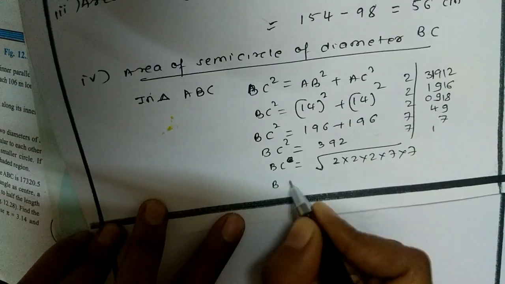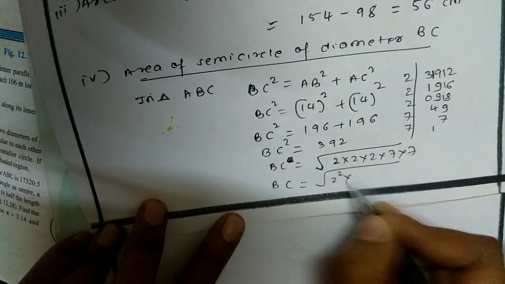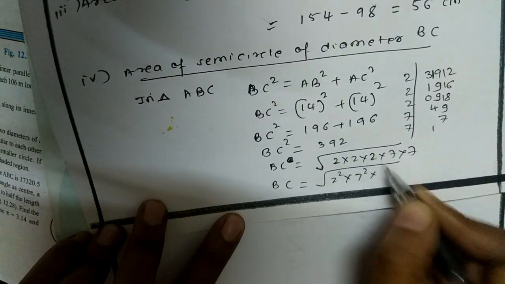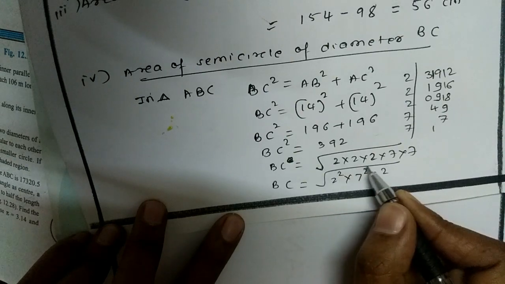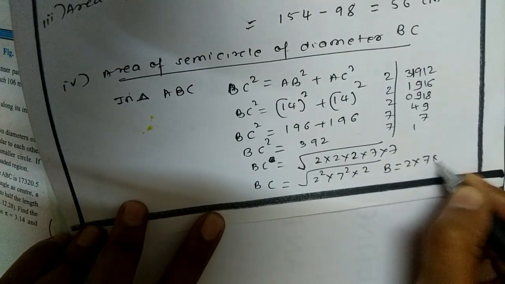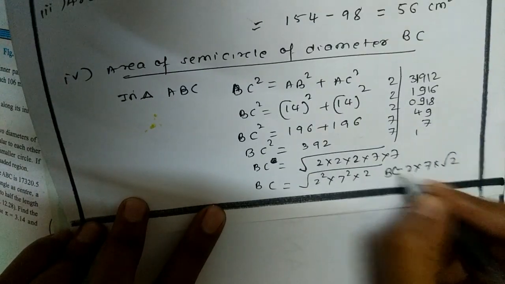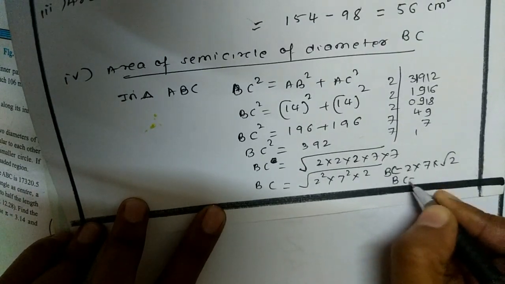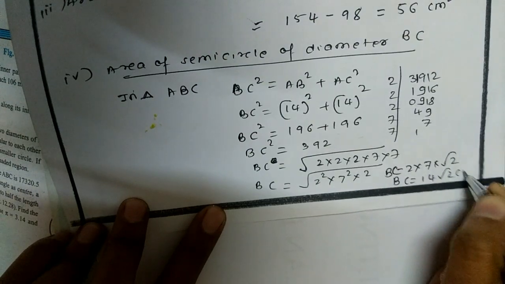We want BC, so the square root we will bring this side. We make pairs: 2 square into 7 square, and this 2 will be unpaired. So the square and square root get cancelled. So BC will be 2 into 7 into root 2. So BC is equal to 14 root 2.